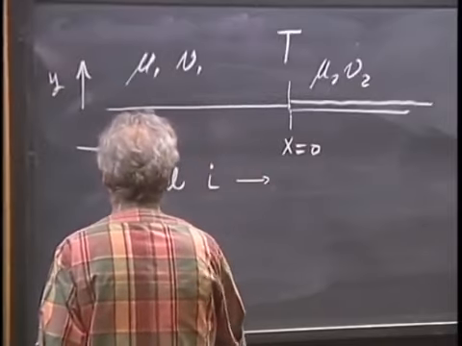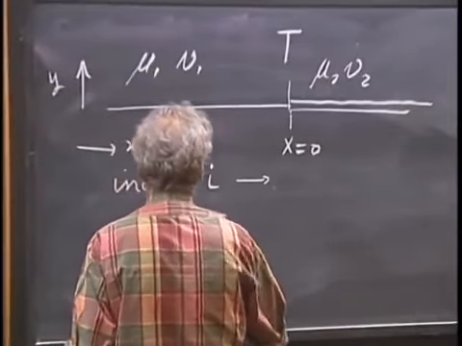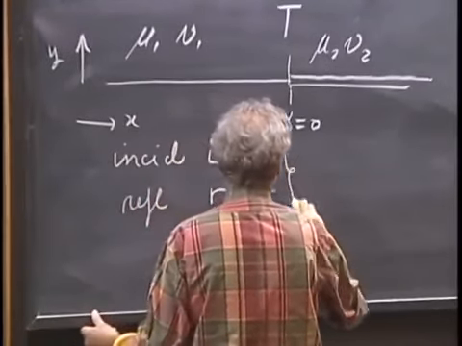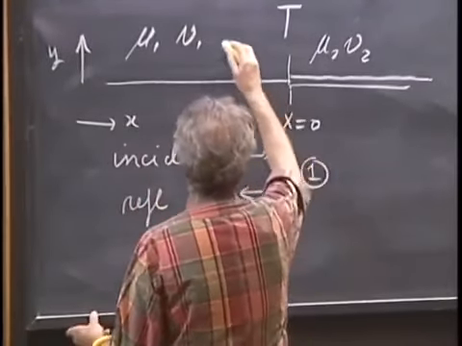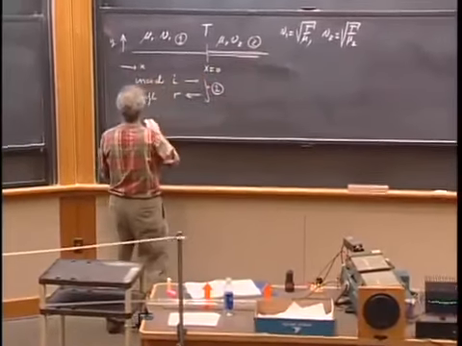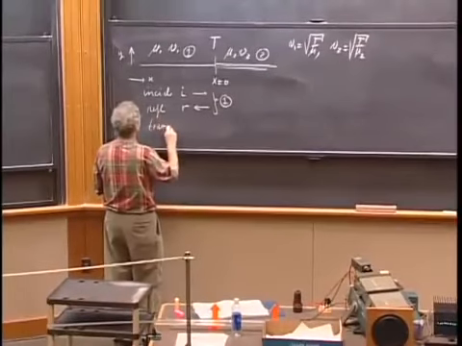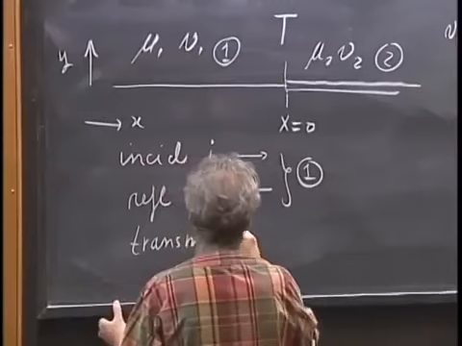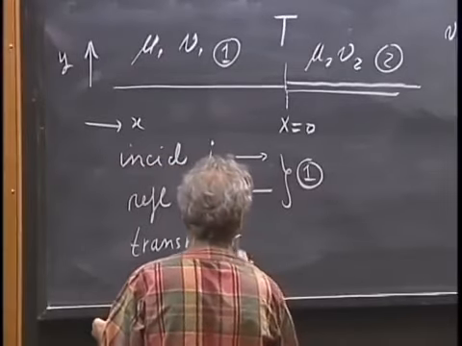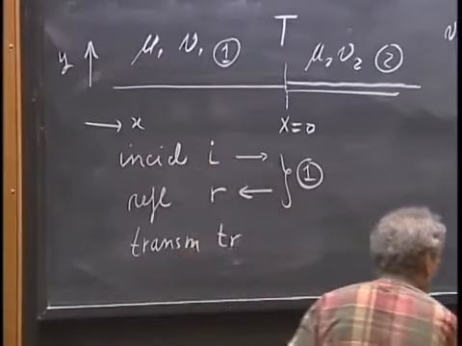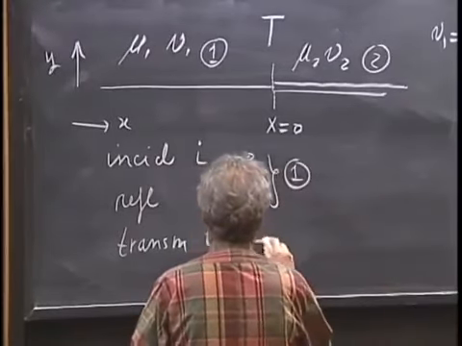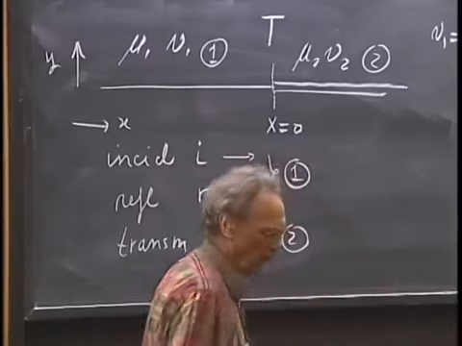And then there will be a reflection, which I call R. Something may come back, so that it goes into this direction, both in medium 1. This is medium 1, and this is medium 2. And then something is being transmitted into the second medium. I will give that subscript TR, and that is going into medium number 2. And that's what I want to evaluate now.